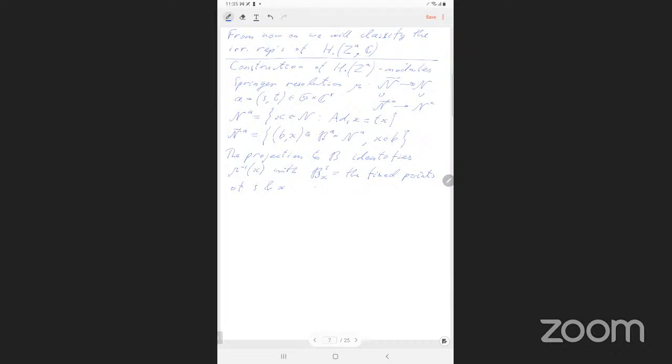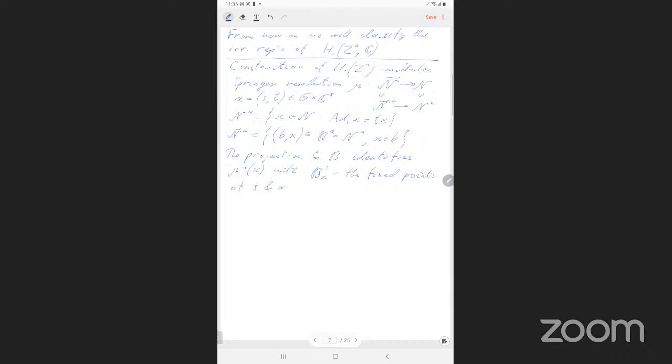There is an action of our group G on the flag variety, so the Lie algebra of G acts by vector fields. In particular, this element x gives rise to a vector field on the flag variety. Now this vector field may vanish at some points, and this B sub x is the set of zeros of the corresponding vector field.